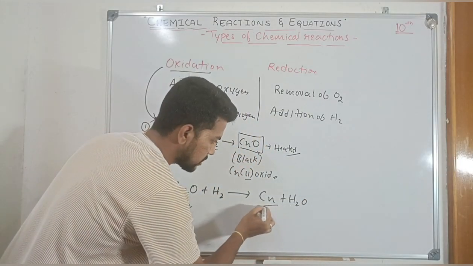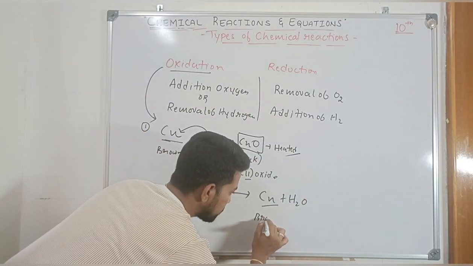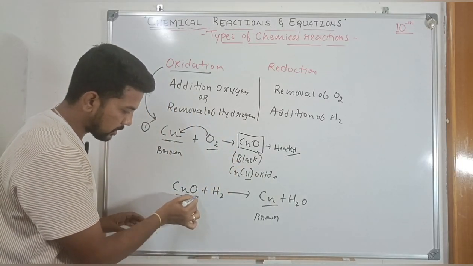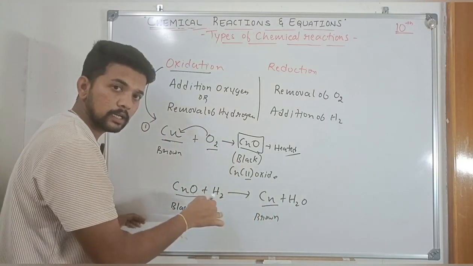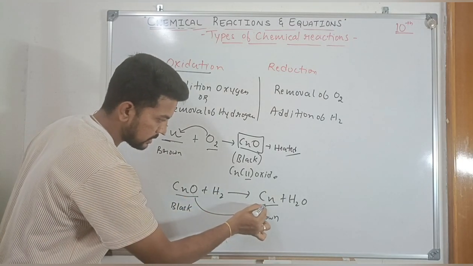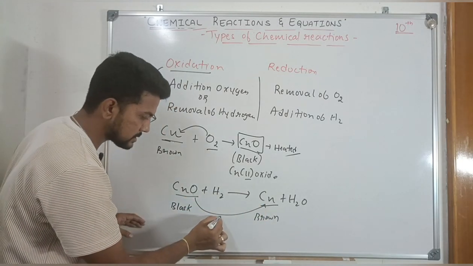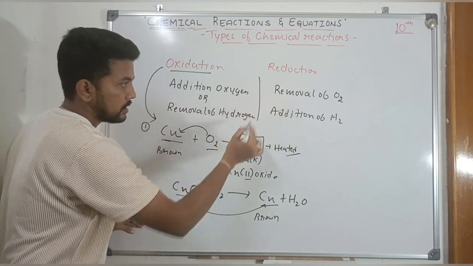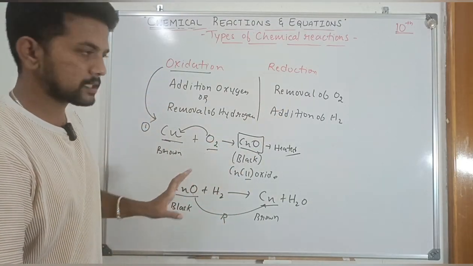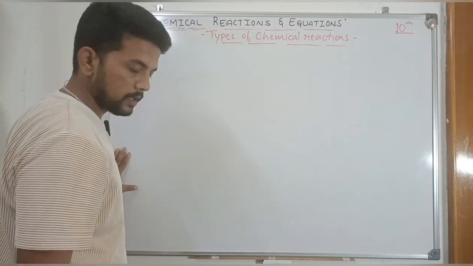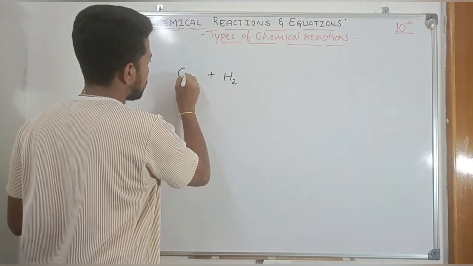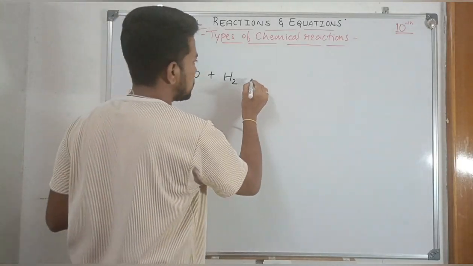Copper is again brown in color. Observing here, copper oxide becomes copper, so there is removal of oxygen, which means a reduction reaction.